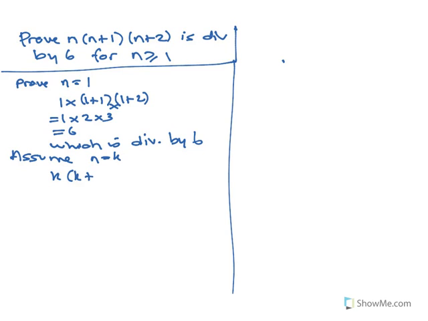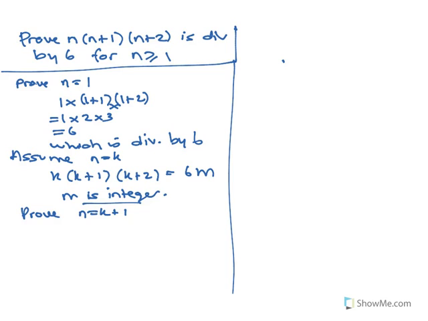That means k times (k plus 1) times (k plus 2) will equal 6m, where m is an integer. And then prove for n equals k plus 1.